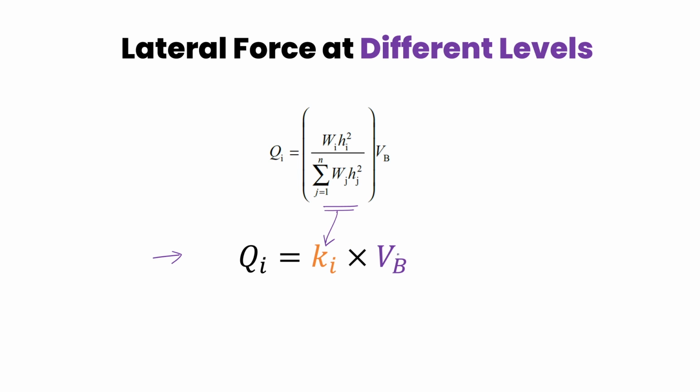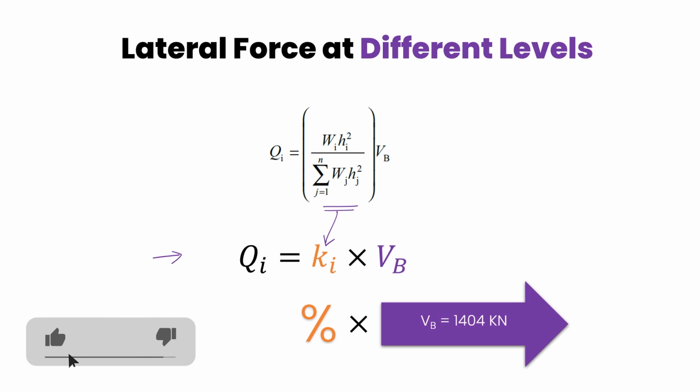And the VB is the horizontal force or the lateral force which we just calculated. Just like earlier, the KI is some sort of a coefficient, which will be a value between 0 and 1 or 0 and 100%. And VB is the value which we just calculated. If we multiply these two values, we'll be getting the forces at different levels. So all we are trying to do is find the value of KI at different levels. And we will do exactly that.